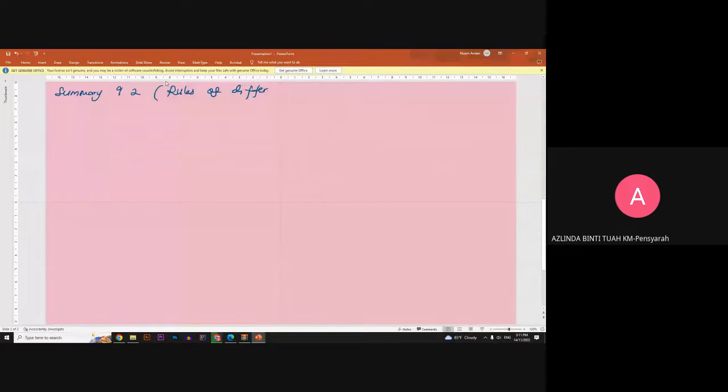Rules means how can we differentiate a particular function? How to differentiate? How to find the derivative? Okay, that's rules.